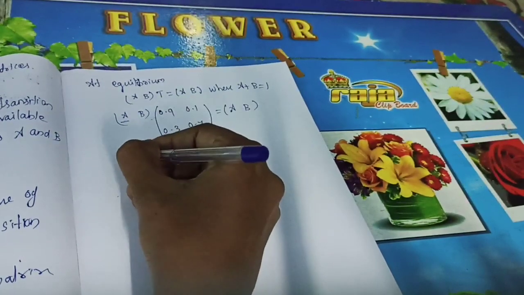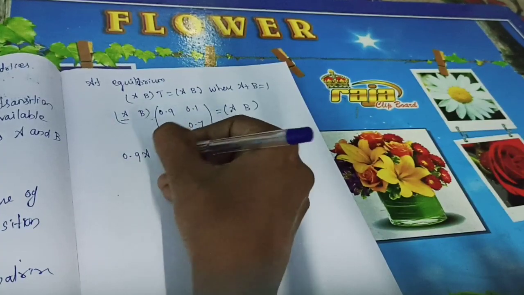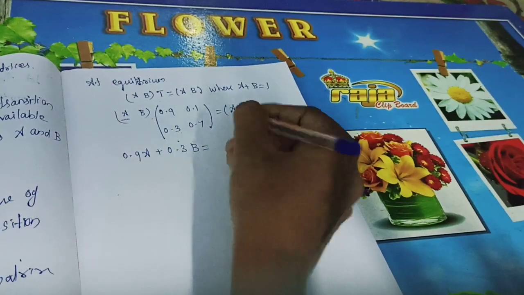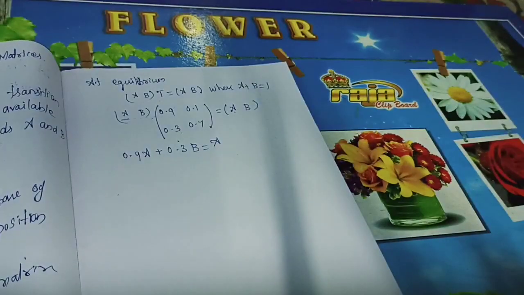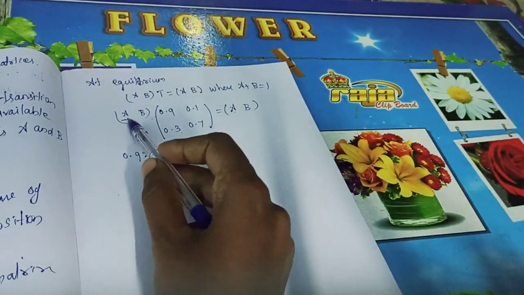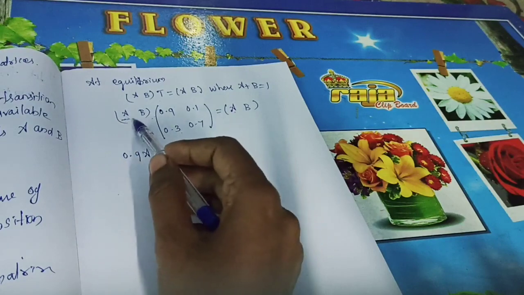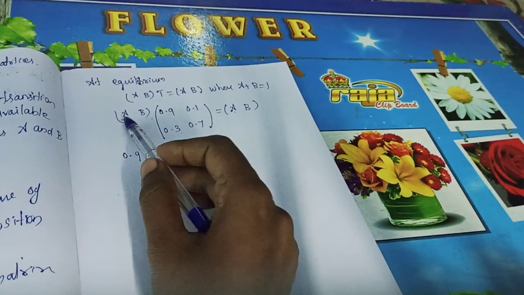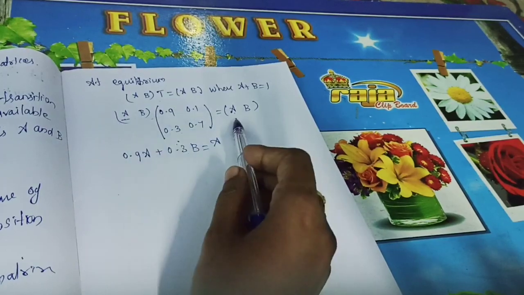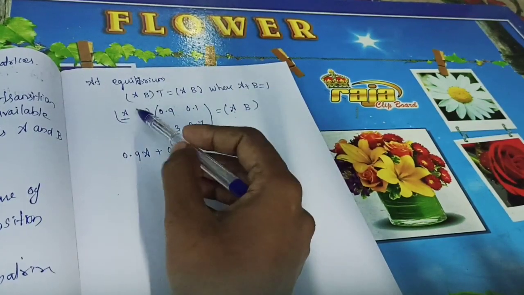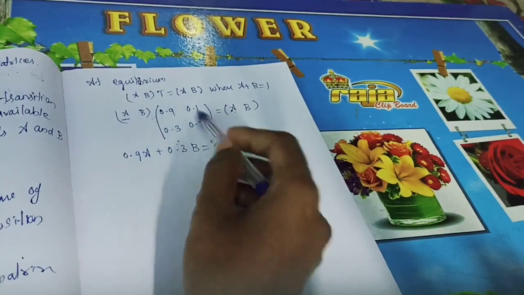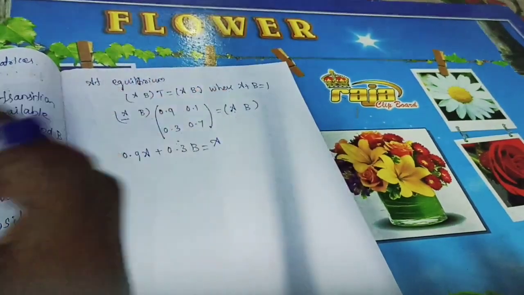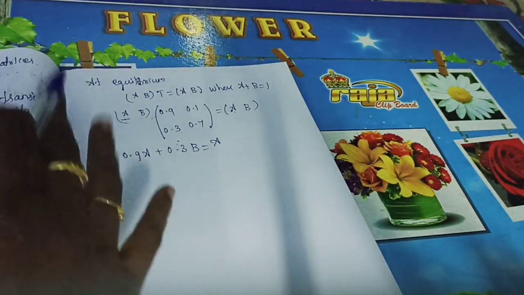So A into 0.9 means 0.9 into A, then multiply this with 0.3 into B. So corresponding here, what's there? A. Understand? So what will happen? You will do the method, is it right? So this one and this one is equal to A. Next, if you are doing this with this one, that is equal to B. So another equation you will get. Any one of them is enough.